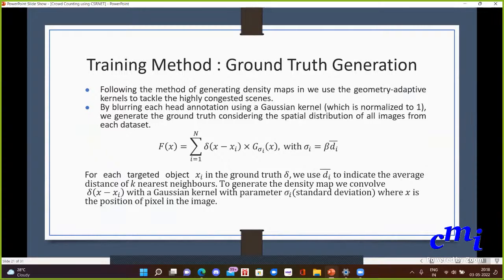At first we blur each head annotation using a Gaussian kernel, which is normalized to 1. The given equation is the geometry adaptive kernel. From this equation, if there is a head at pixel xi, we can represent it as a delta function, delta of x minus xi, and the Gaussian kernel here is G of sigma. That's how we generate the ground truth for all of the images.